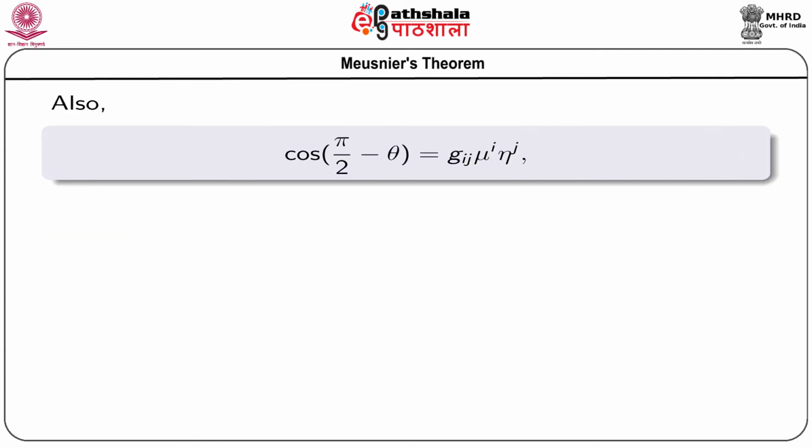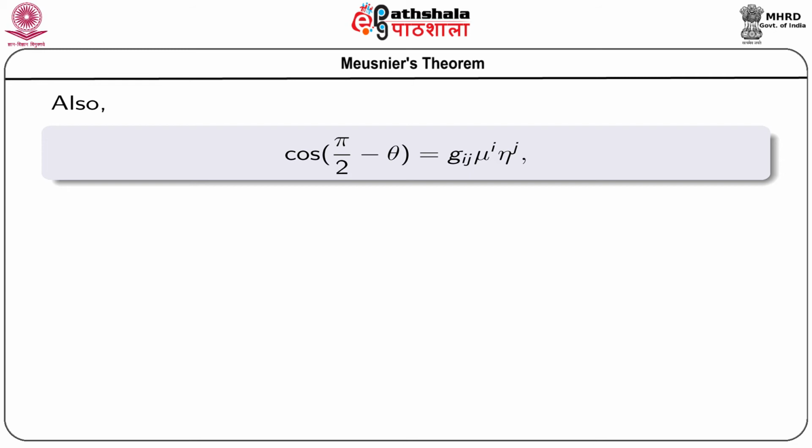Also, the angle between mu^i and eta_j. mu^i is the principal normal vector of the curve, and eta_j are the components of the surface normal vector, but these are the space components.